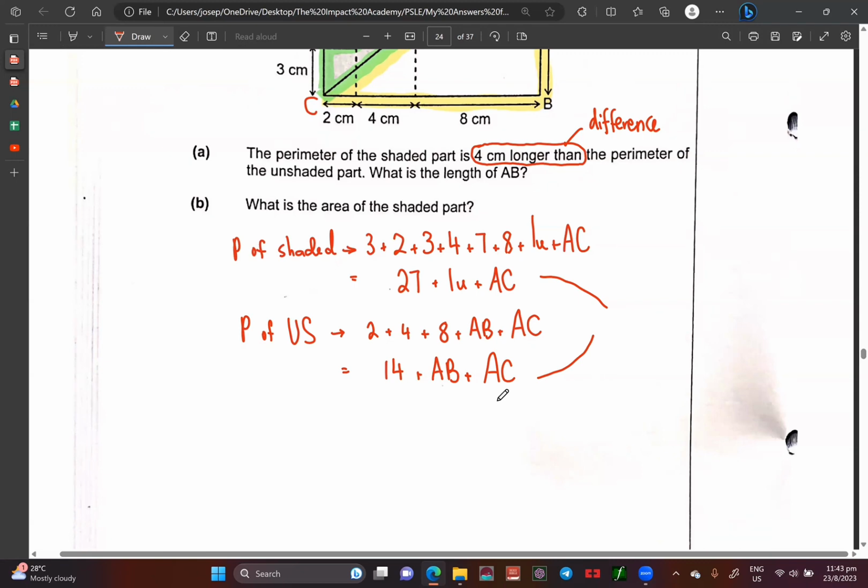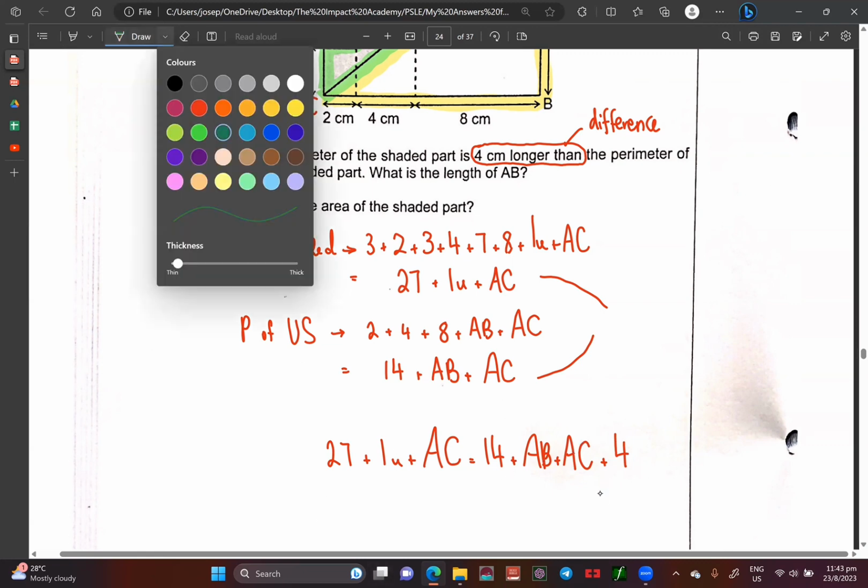Whichever has less, we will give that 4 cm. What do I mean by that? We can see that the perimeter is 4 cm longer, correct? So we are going to say 27 plus 1 unit plus AC is equal to 14 plus AB plus AC plus 4 over here. Why is it that I've added 4 to the unshaded?